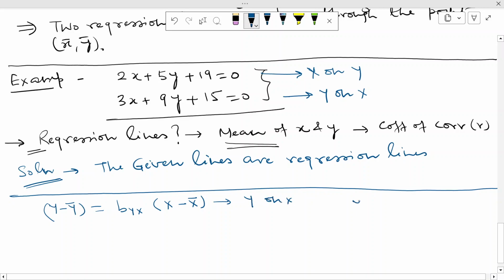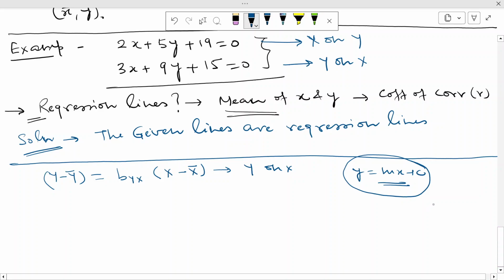In coordinate geometry we have this type of equation of line, the slope intercept form of the line.